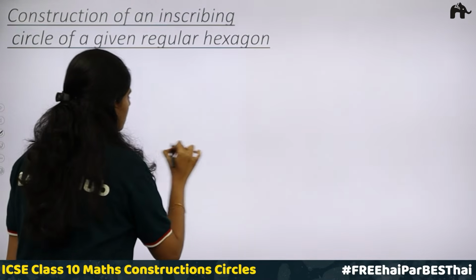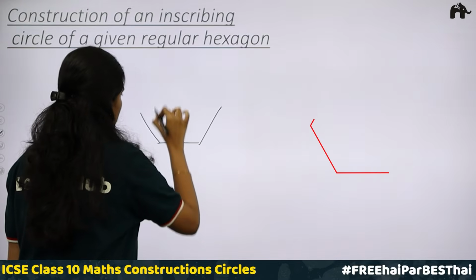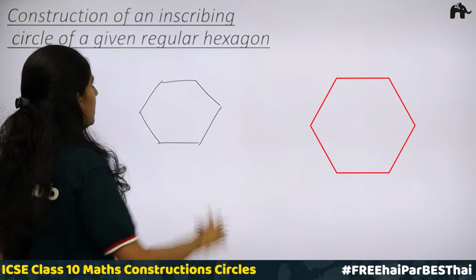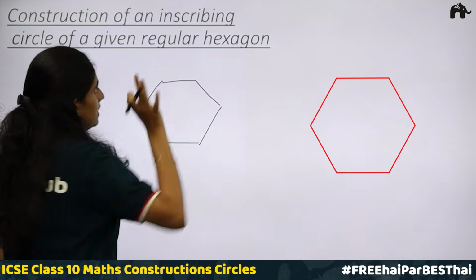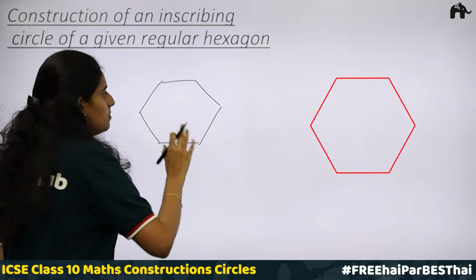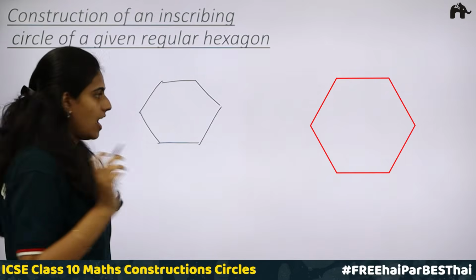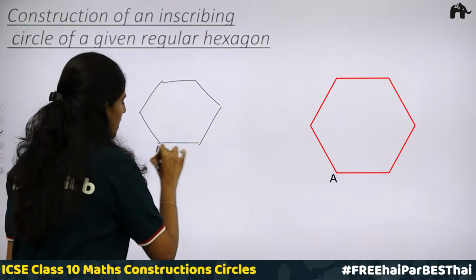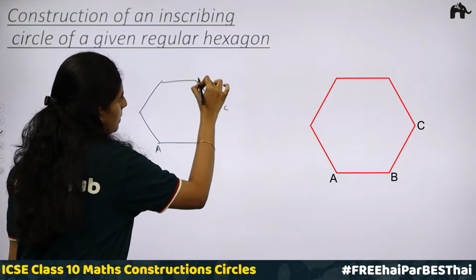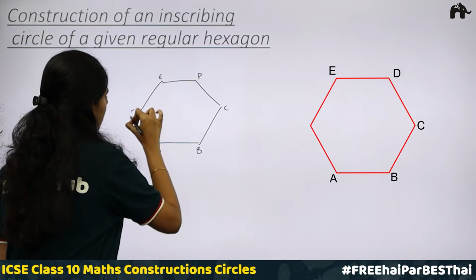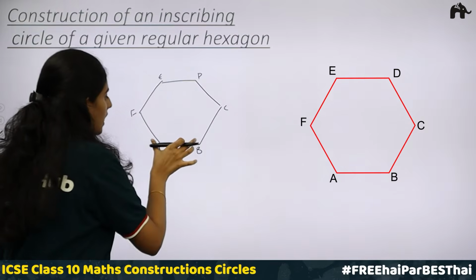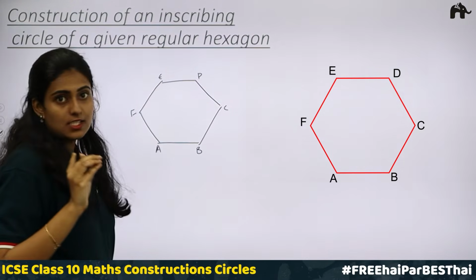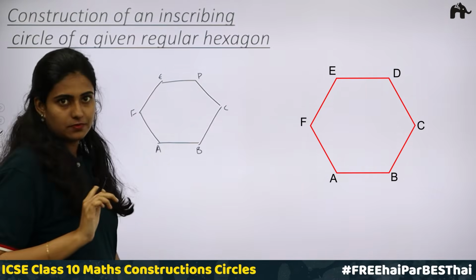Okay. So, let us consider a regular hexagon. This is a regular hexagon. In order to get the inscribing circle, what you have to do is the same steps that we have used in case of triangles to draw inscribing circle of a triangle. This is my regular hexagon A, B, C, D, E, F. Okay. Consider any two angles in this case. We will be drawing bisectors of these angles. Okay.